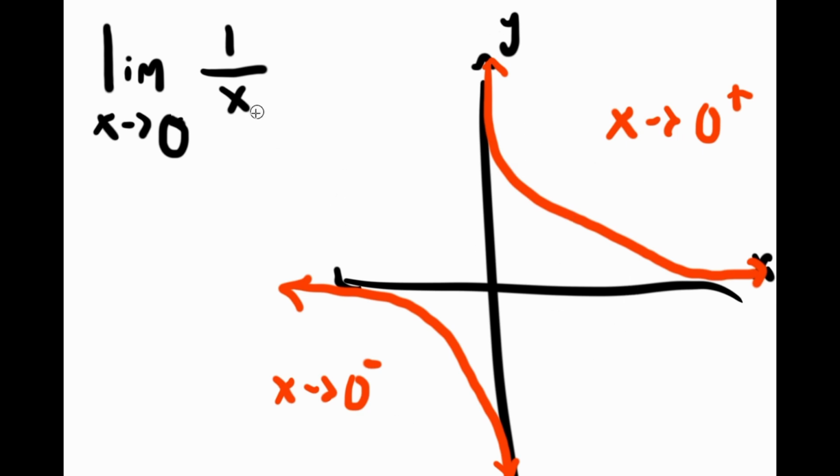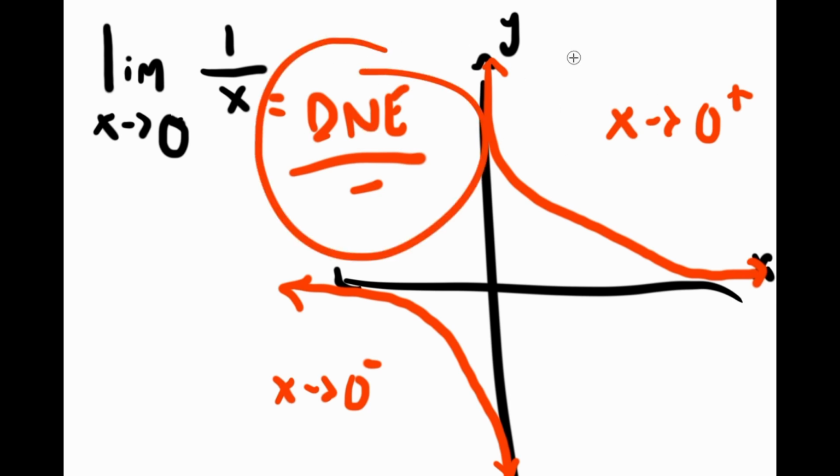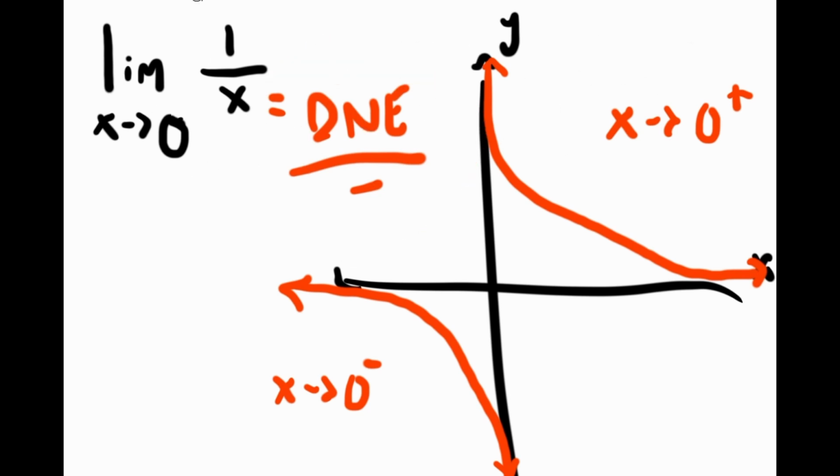Basically, due to the fact that there are two limits, or at least two quote-unquote values, infinity and negative infinity, that the function is approaching as x approaches 0, we do not have a general limit. So basically we say it does not exist, or DNE for short.